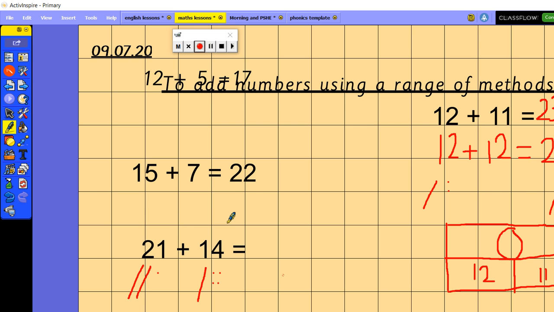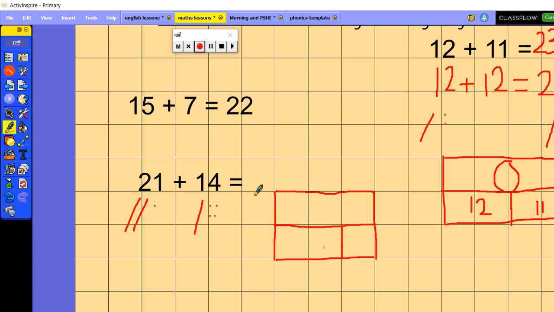Okay, so I can put all of this information into a bar model. So again, I'm going to draw my bar across the page like this, and I'm going to go down. And remember, our bar still needs 2 layers because the top layer is the answer that we're trying to find. We don't know what that is at the moment. One of these is going to be 21 and one of them is going to be 14.